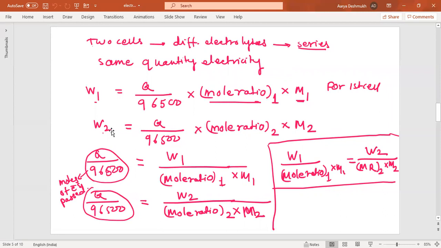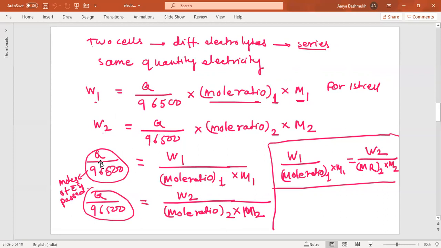Similarly, you can calculate W2: Q divided by 96,500 into the mole ratio for the second cell into the molar mass for the second electrolyte.